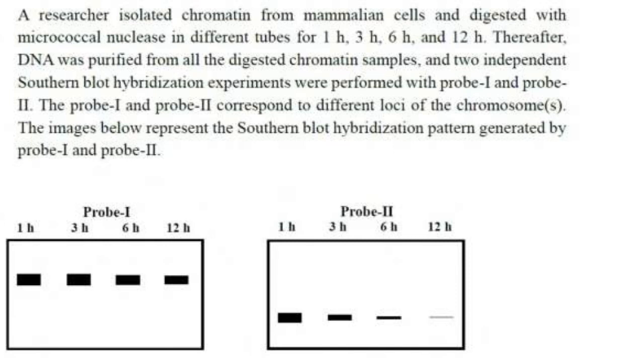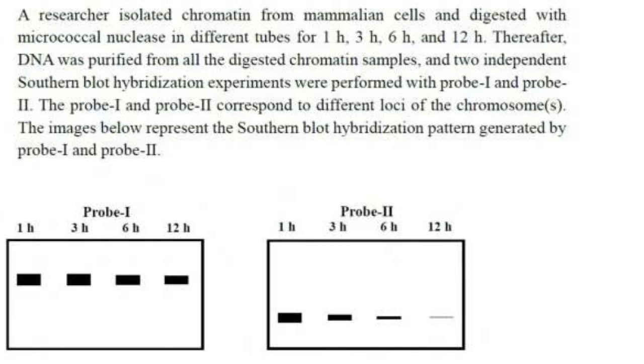So after digestion, the DNA was purified. All the digested chromatin samples were subjected to 2 different southern blottings. Probe 1 was used for one blot, probe 2 was used for the other blot. The probe 1 and probe 2 correspond to different loci of the chromosomes. The images below represent the southern blot hybridization pattern generated by probe 1 and probe 2.